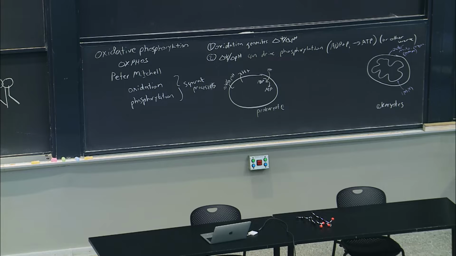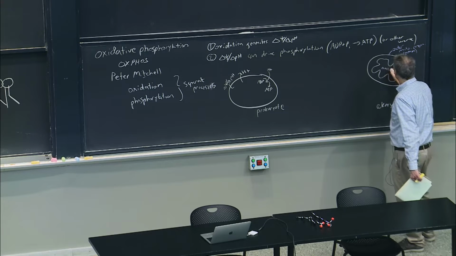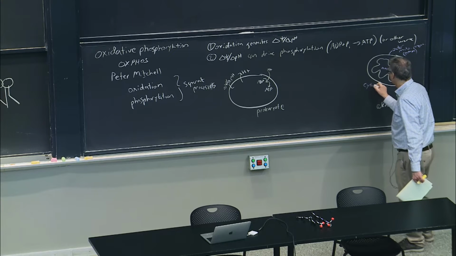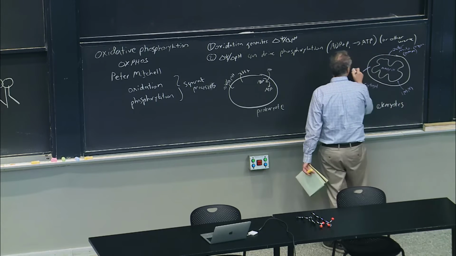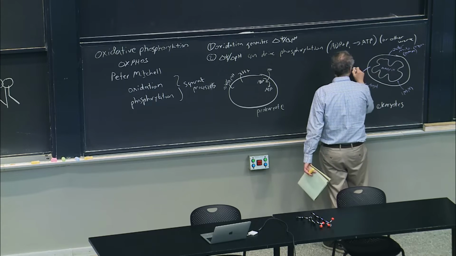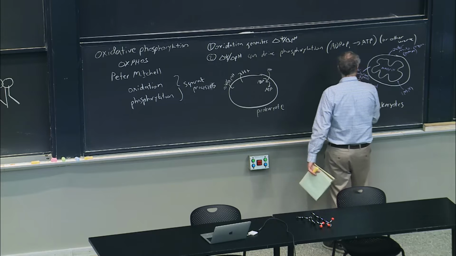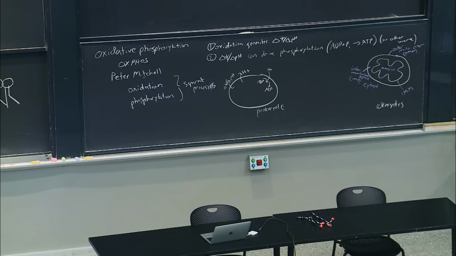So two membranes in the mitochondria. Remember, there's this matrix space. The cytosol would be out here, and then there's this space between the two membranes called the intermembrane space.